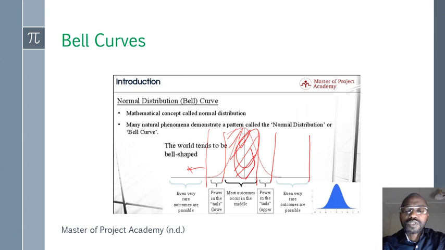Then there will be a few people potentially that will be older than the average, and you'll find them here. And there will be some people slightly younger than your average, and you'll find them here.